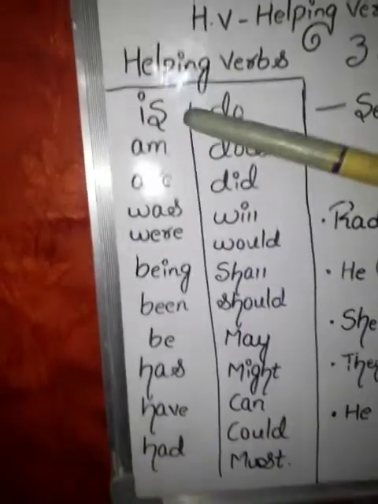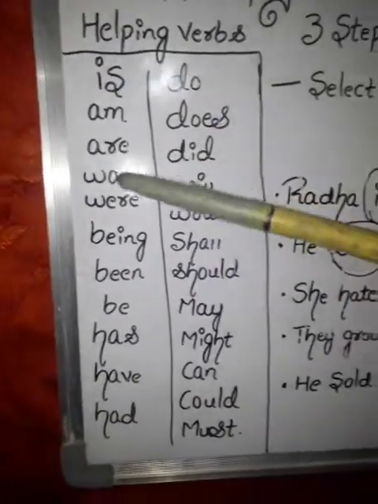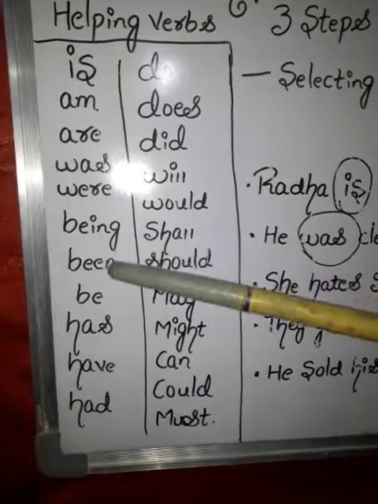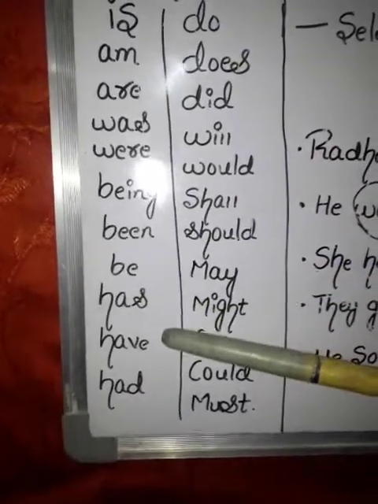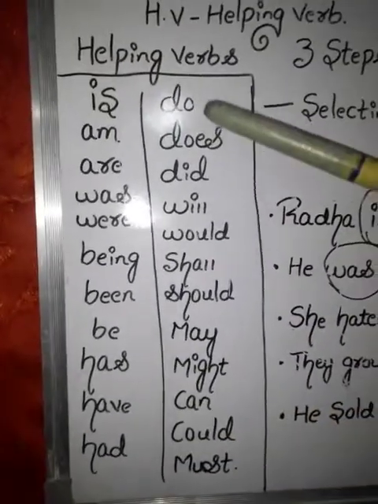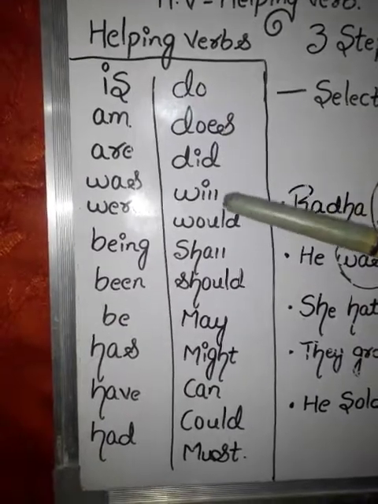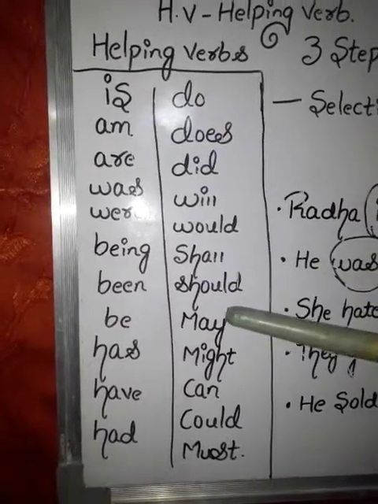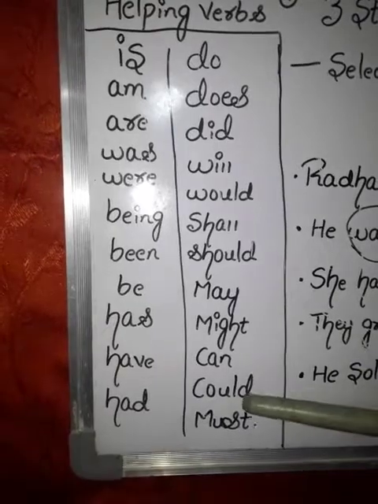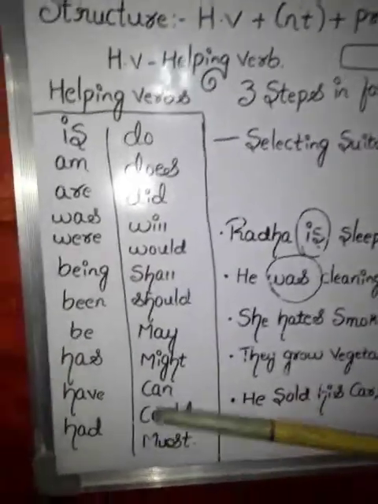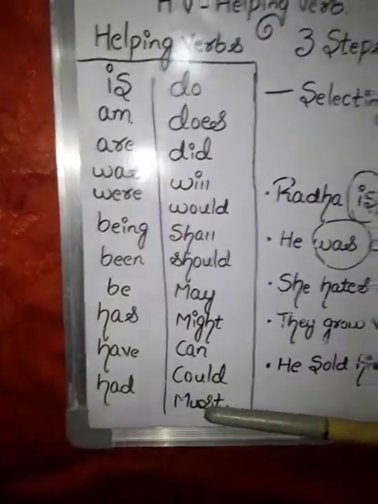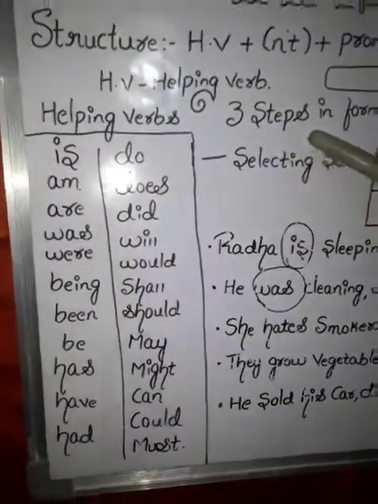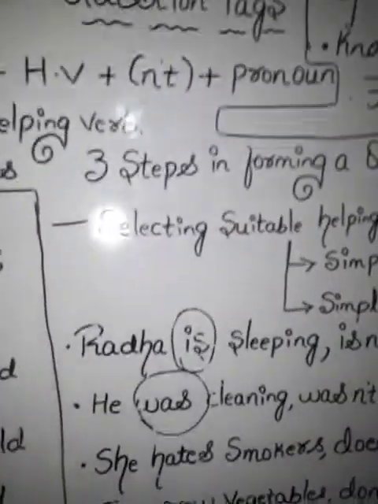Once again, is, am, are, was, were, being, been, be, has, have, had, do, does, did, will, would, shall, should, may, might, can, could, must. Before learning how to write a question tag, you must know all the helping verbs which are used in question tags. Now there are 3 steps in forming a question tag.